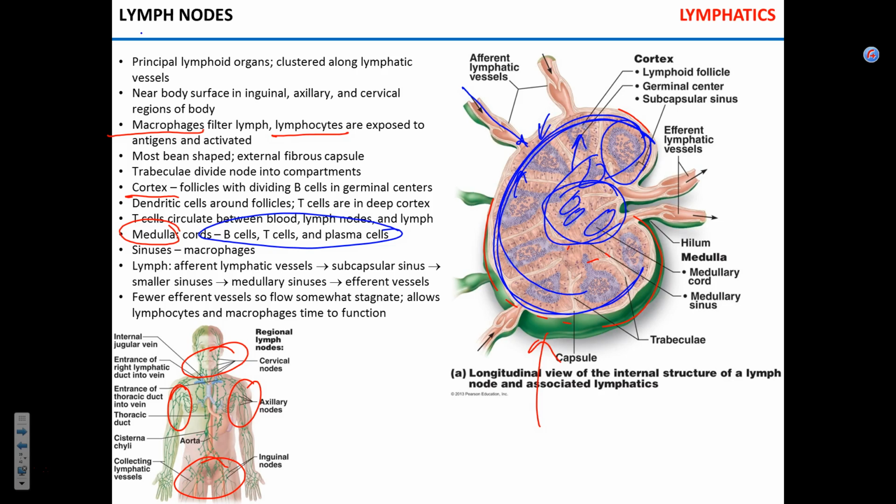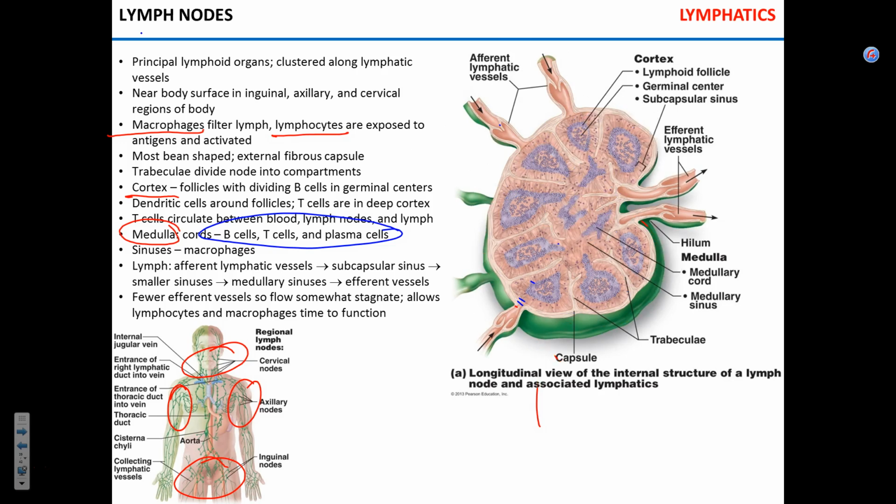Now, you see that there are lymphatic vessels getting into the lymph node and leaving it. And the names for these should be pretty familiar for you. The ones that enter the lymph node are called afferent, meaning coming in.